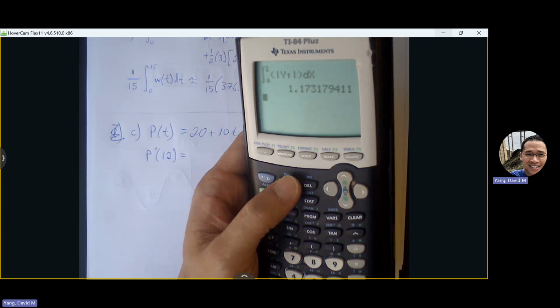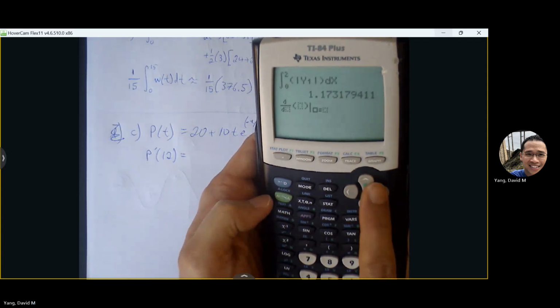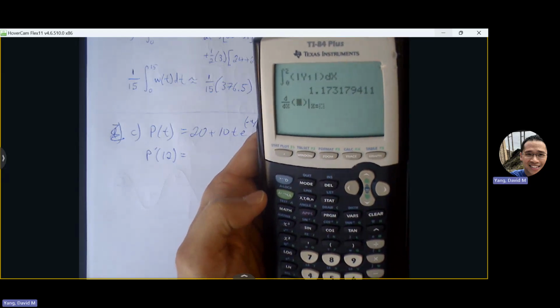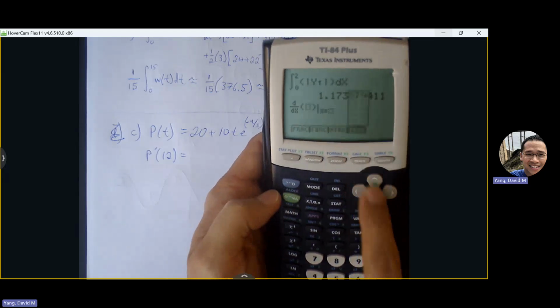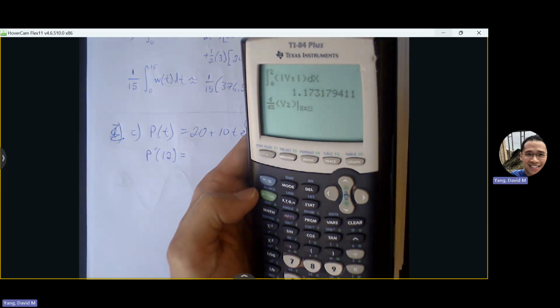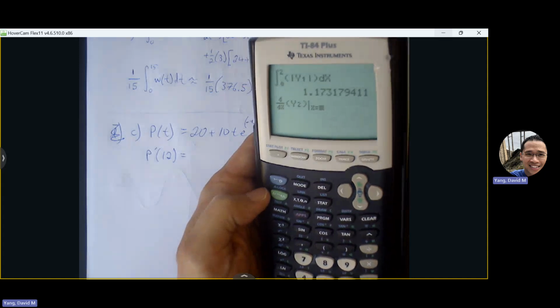Okay, so now math 8 will get you to your derivative feature. Alpha trace Y2 now, alpha trace Y2. And I want to evaluate my rate of change on the 12th day.